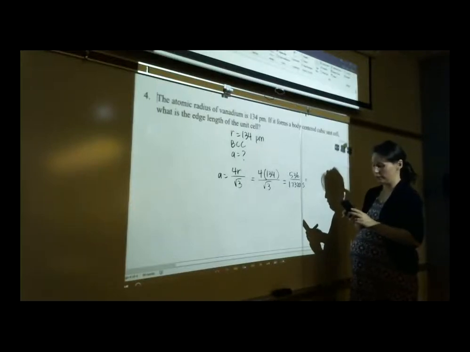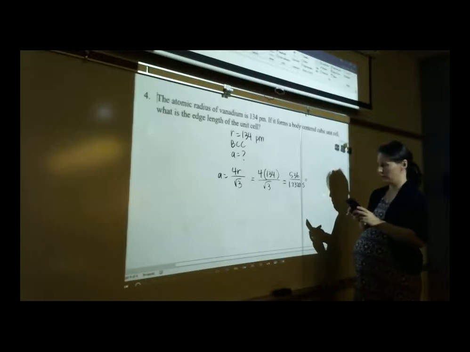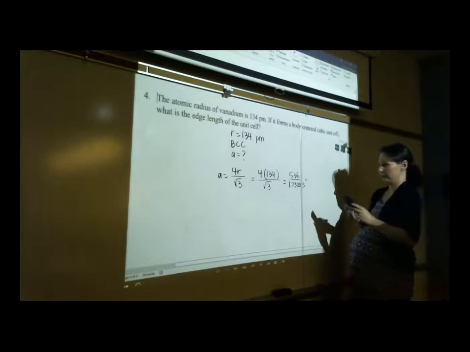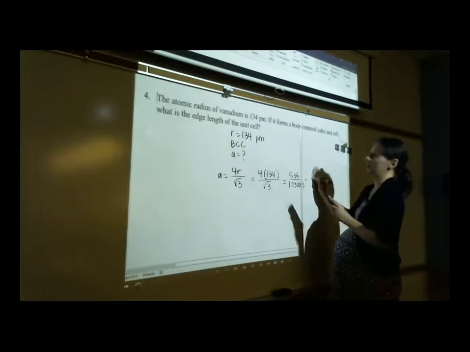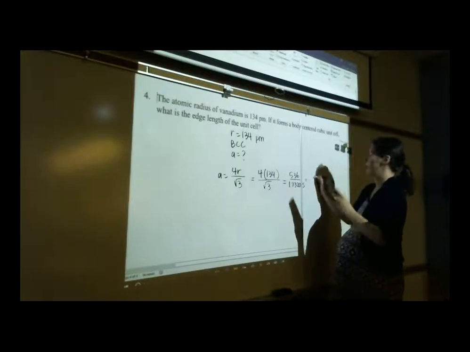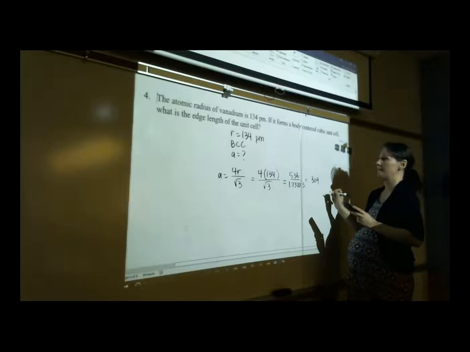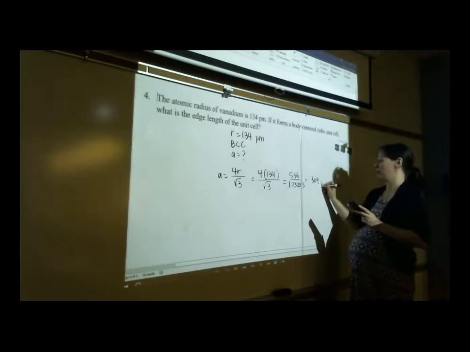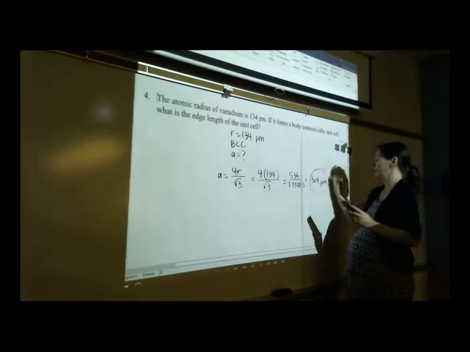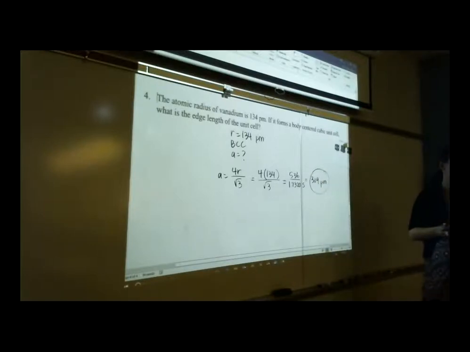But it shouldn't make a huge difference. 536 divided by 1.73205. I got, within 3 sig figs, 309. And my unit is what? Picometers, right? Do we agree on this one?